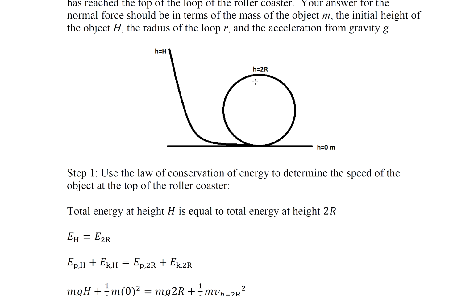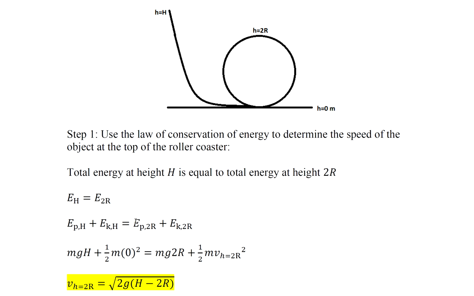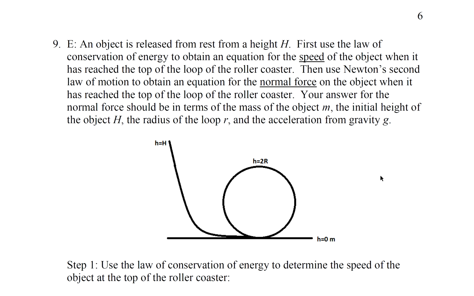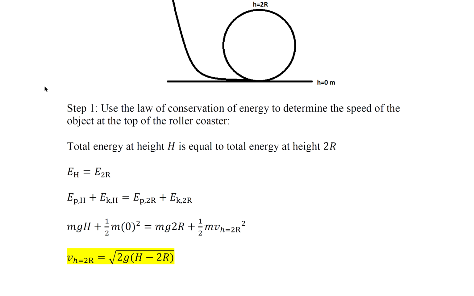And at a height 2r, we have potential energy plus kinetic energy. In the beginning, the object is released from rest. So in 1/2 mv squared, v is going to be equal to 0. And the height is H.